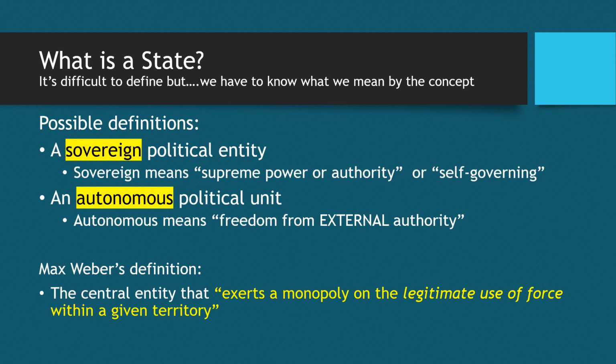A very famous political scientist and sociologist named Max Weber gave a definition that has been long-lasting, which is that a state is an entity that exerts a monopoly on the legitimate use of force within a given territory.